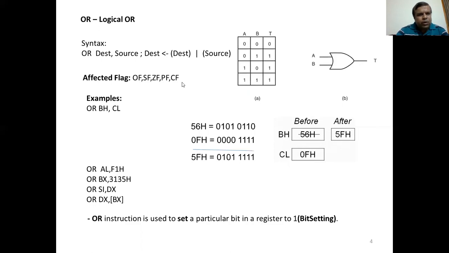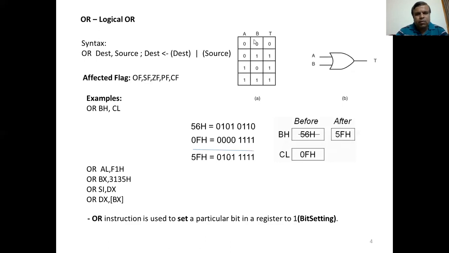So when the OR instruction is executed, each bit in the result is set to 1 if any one of the bits of the original operands is 1. Otherwise, the bit is cleared.